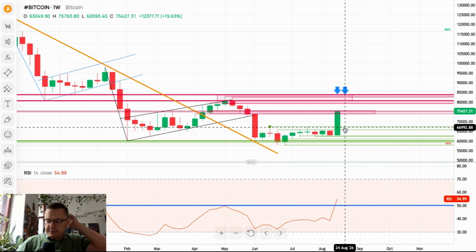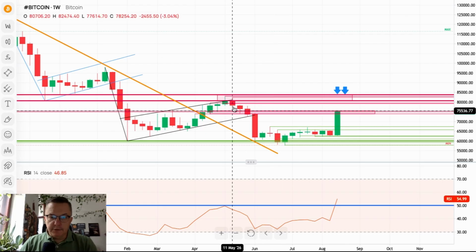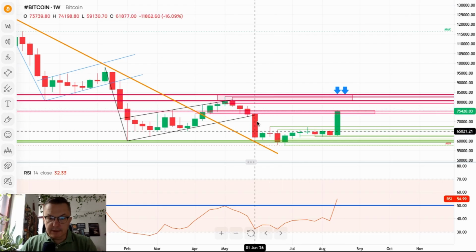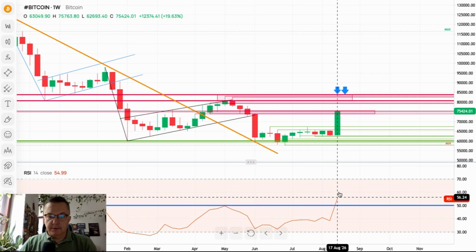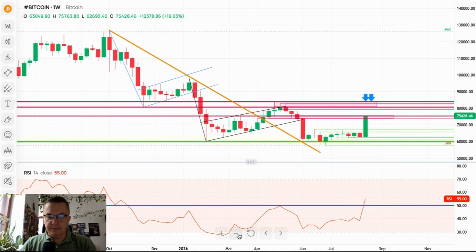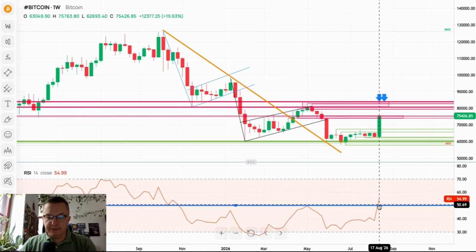If this weekly candle is the biggest one, this weekly candle covers completely. Look at this candle, down candle. Finally, we have a breakout towards the positive territory on weekly. Look at this.